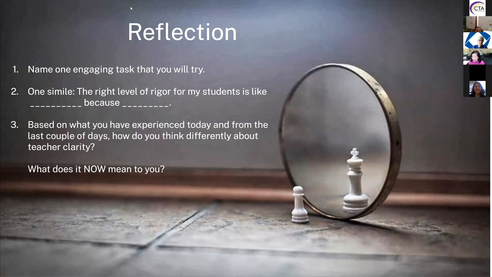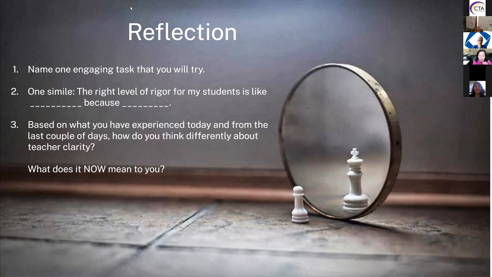So at this point in time, as a closure, let's think about one engaging task that you'll try. Take some time to do that. Number 2, the right level of rigor for my students is like blank because of blank. And based on what you've experienced today and for the last couple of days, how do you think differently now about teacher clarity?